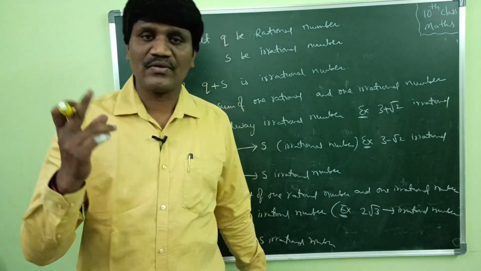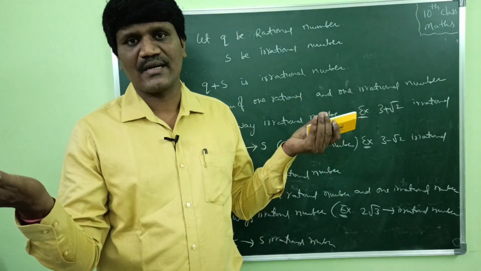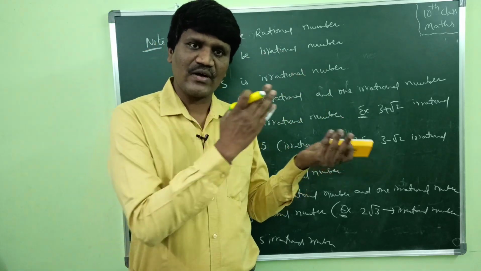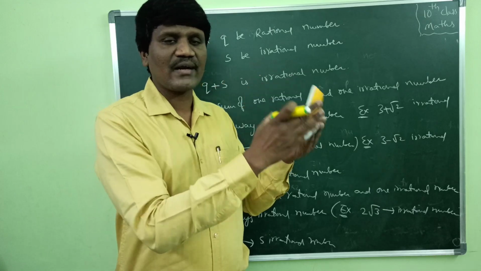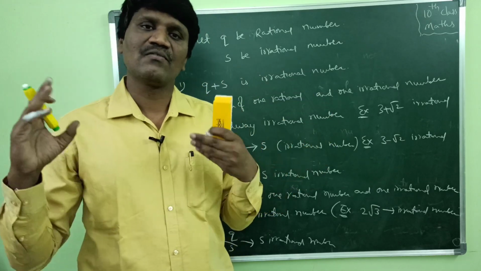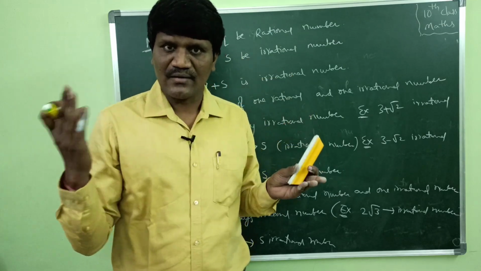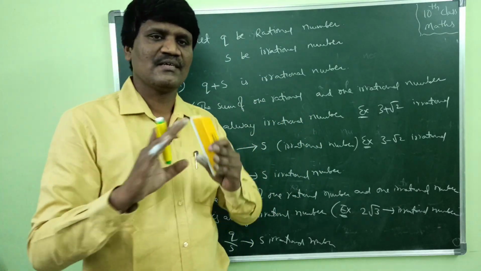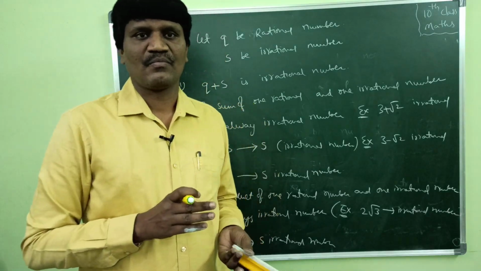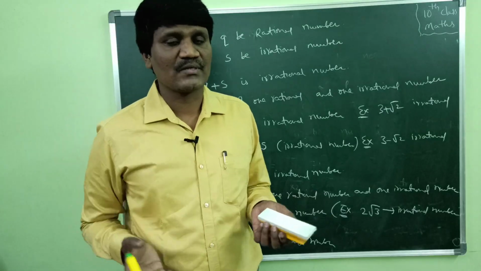The sum, difference, product, and quotient of one rational and one irrational number are always irrational. So this is about the properties of irrational numbers.